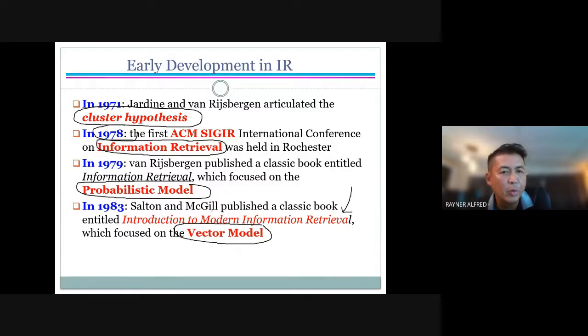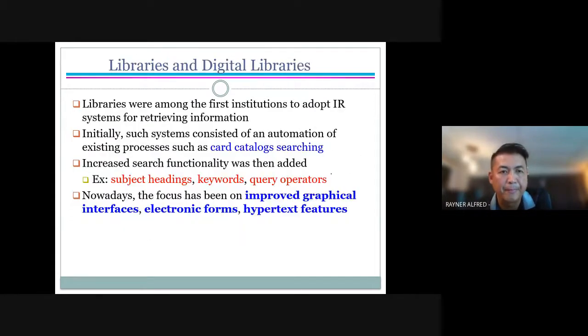So if you Google Salton and vector model, you will find a lot of examples dealing with the vector model on how we can use it to retrieve information.